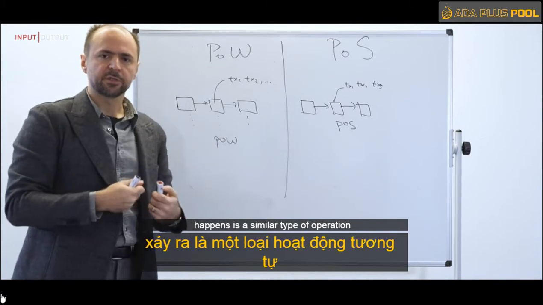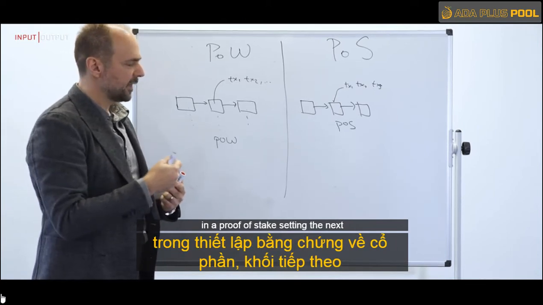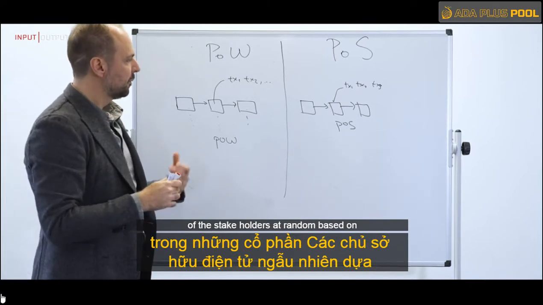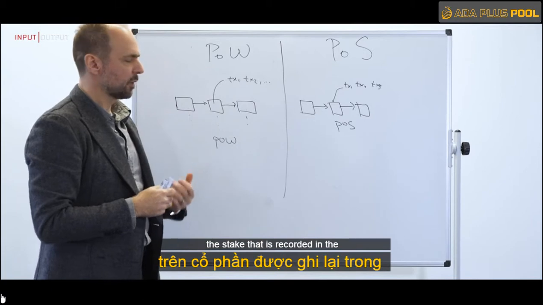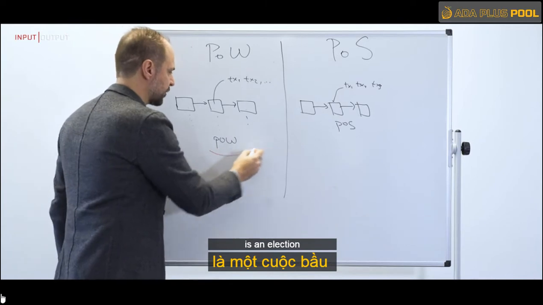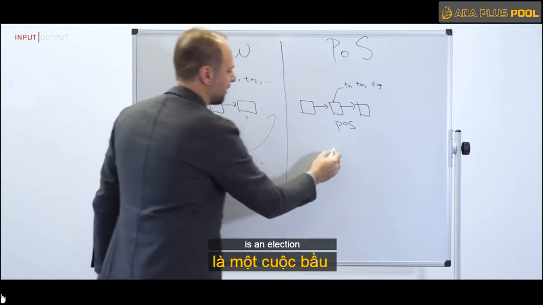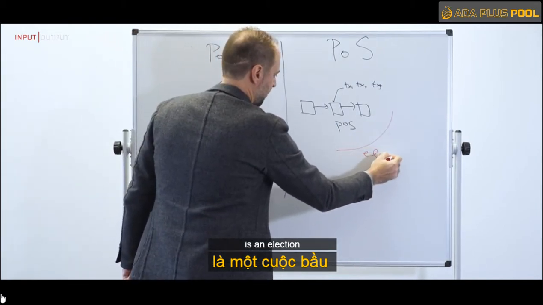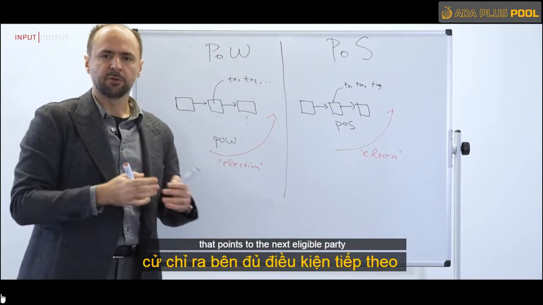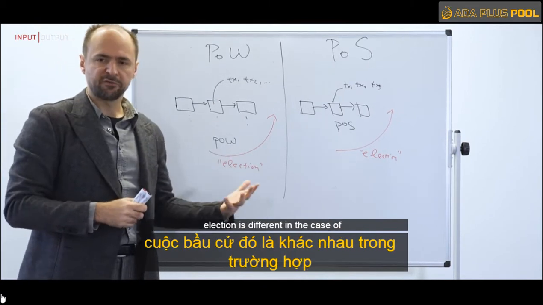In proof of stake, what happens is a similar type of operation. In a proof of stake setting, the next block is produced by one of the stakeholders at random based on the stake that is recorded in the blockchain. So what we have in both cases is an election that points to the next eligible party to issue a block. The nature, though, of that election is different.